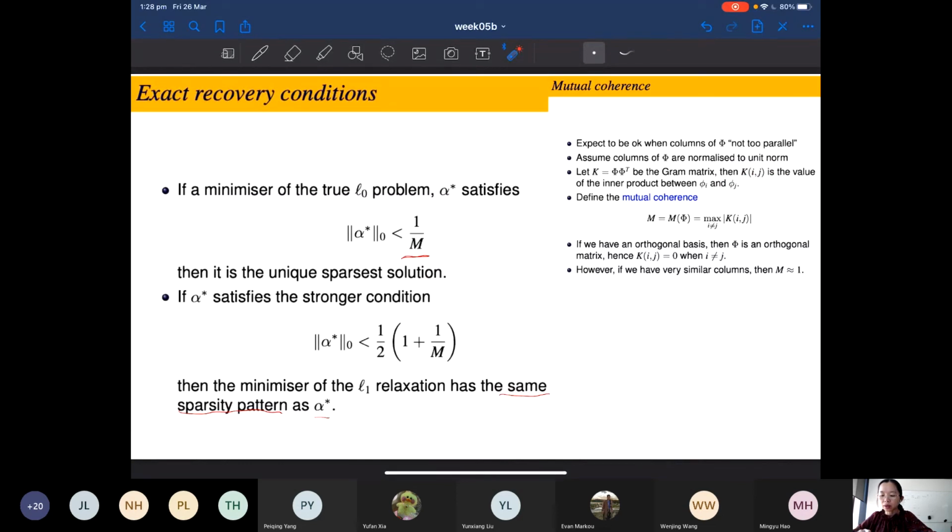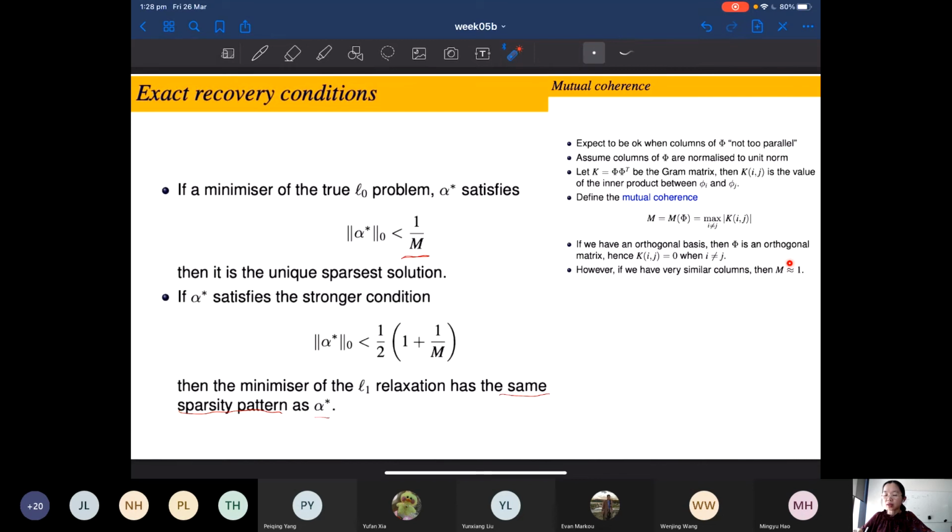The mutual coherence is basically defined as the maximum off-diagonal entry of the matrix. It's easy to see that the mutual coherence of an orthonormal basis is 0. And if we have very similar columns, it's 1.